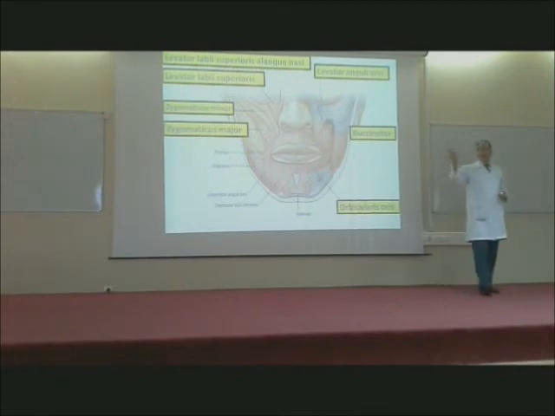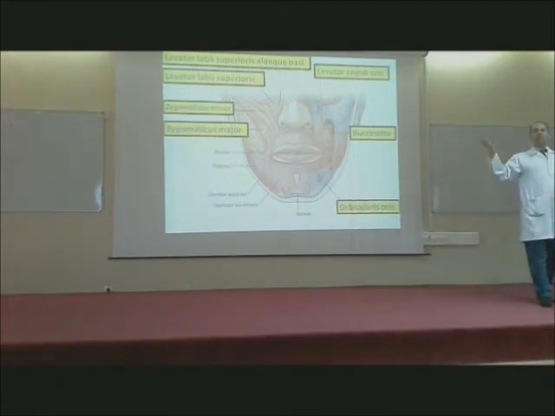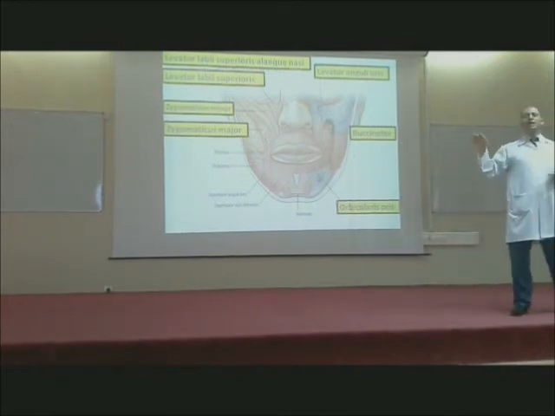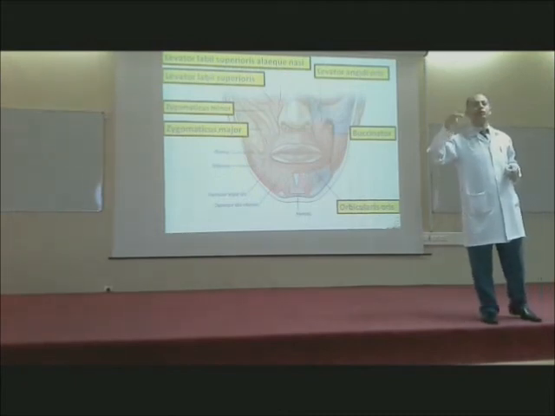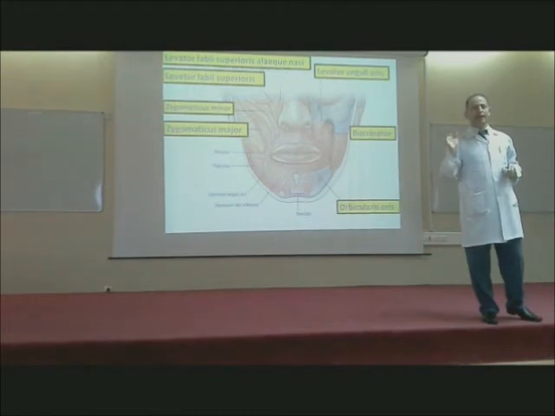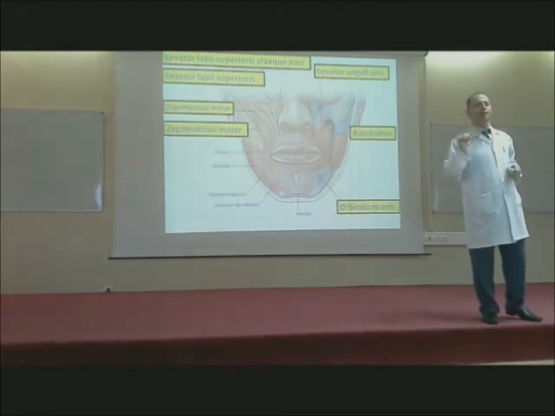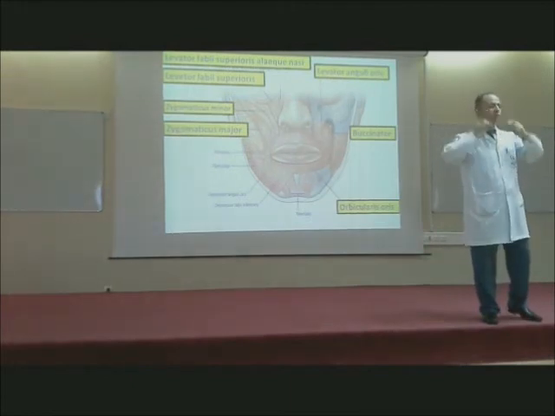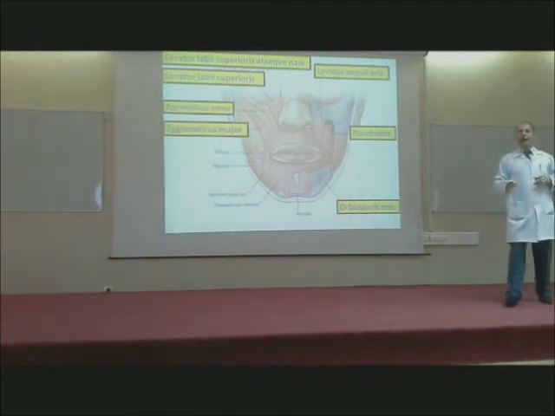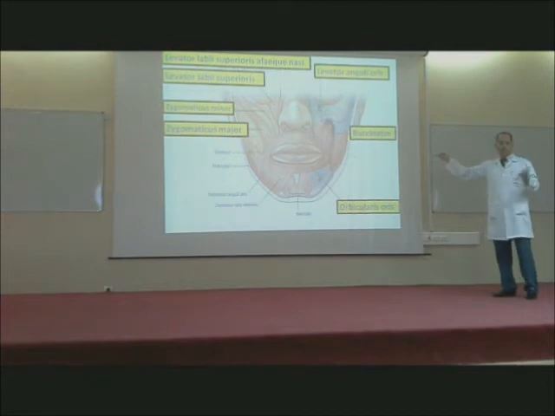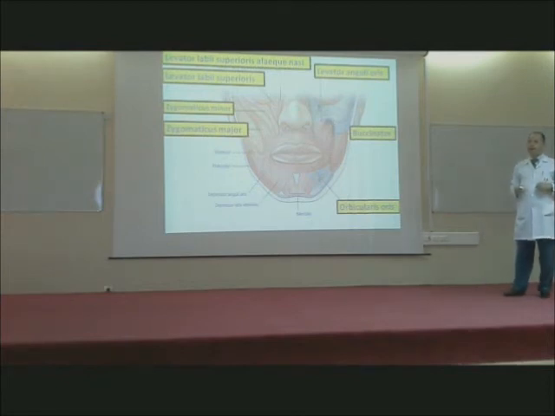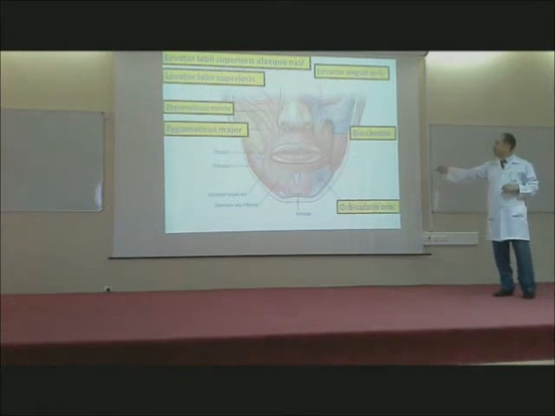Simply, from these 5 muscles, how many muscles act in pure elevation of the upper lip? And how many muscles act on the corners only, making elevation of the corners? Corners. Levator anguli, from its name. Zygomatic major.